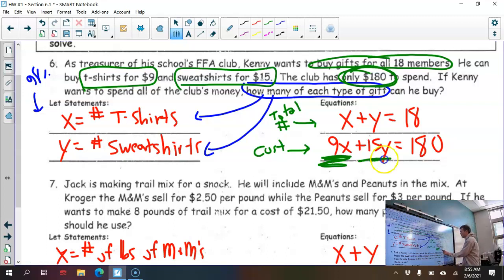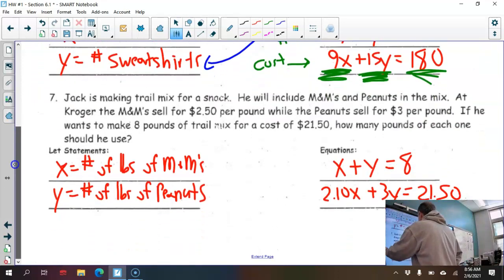And the same way would work for the sweatshirts. 15 times y would be the total cost for all the sweatshirts. So if I add together the total cost for all the t-shirts plus the total cost for all the sweatshirts, I get the total cost, which is $180. Total number and total cost. Very often, those are two of your equations.